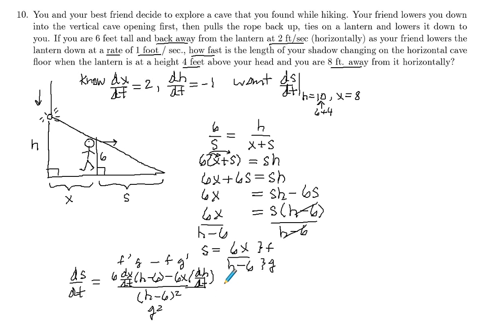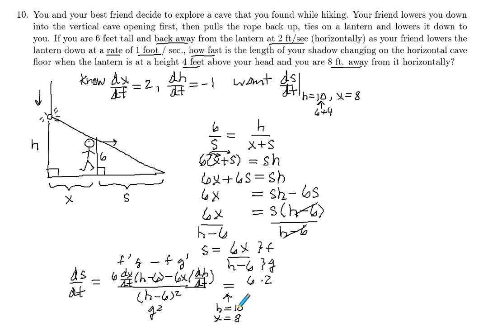And then we plug in all of our known values. So we know our rates of change, and then we want to know what is ds dt when h equals 10 and x equals 8. So at h equals 10 and x equals 8, we get 6 times dx dt, which is 2, times h minus 6.